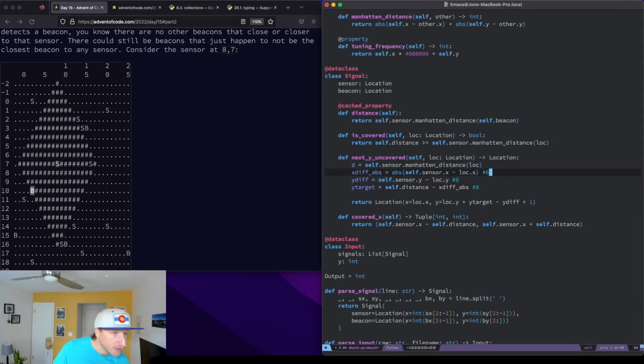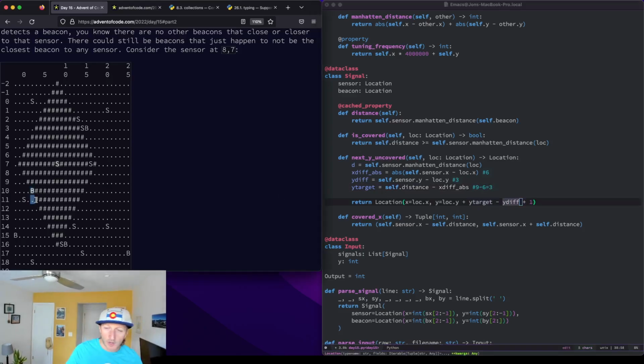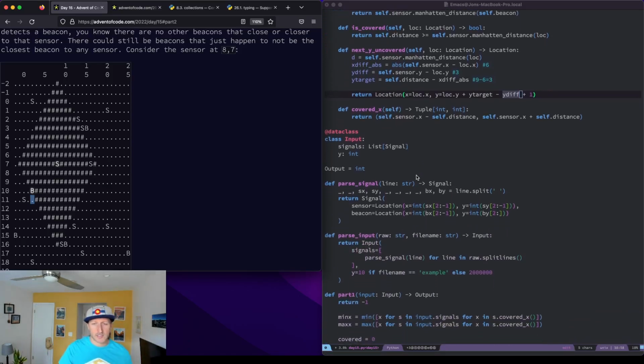And the y diff here is 10 to 7, which is positive 3. The distance minus the x diff is 9 minus 6, equals 3. So then we have 3 minus 3 plus 1, so it'll only move 1. So I think next y uncovered is correct.